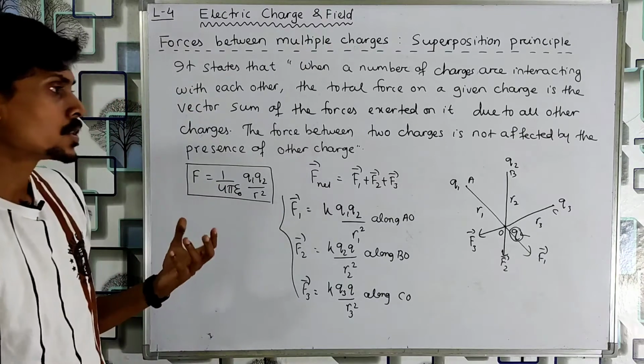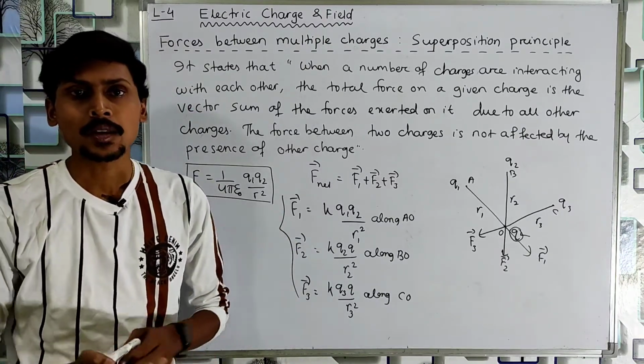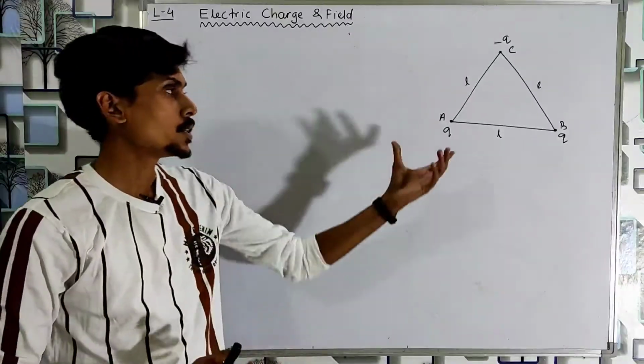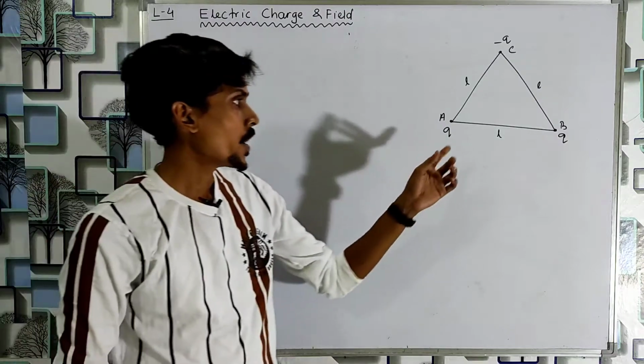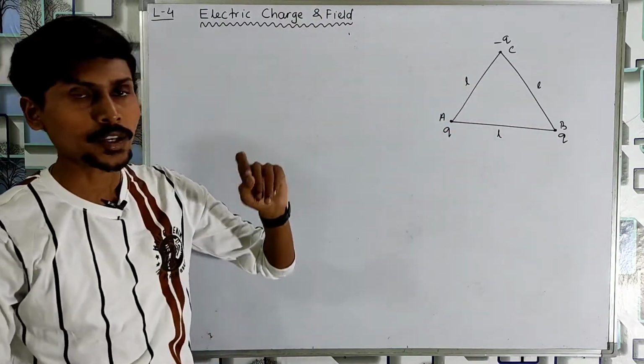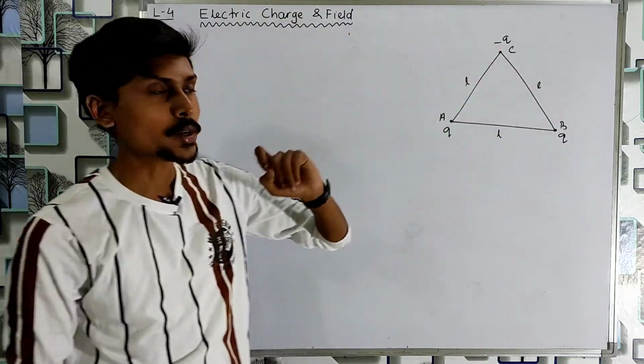So let us solve a problem related to this concept so that the concept will be more clear to you. So now look at this diagram. Here we have an equilateral triangle ABC, and the length of each side is L. At the three vertices we have three charges.